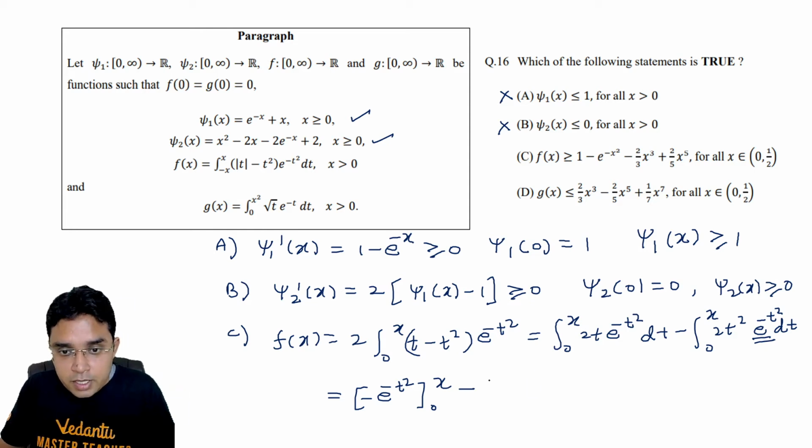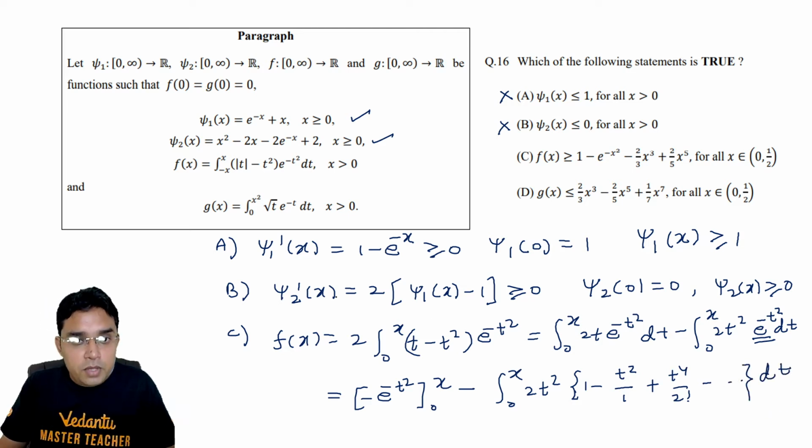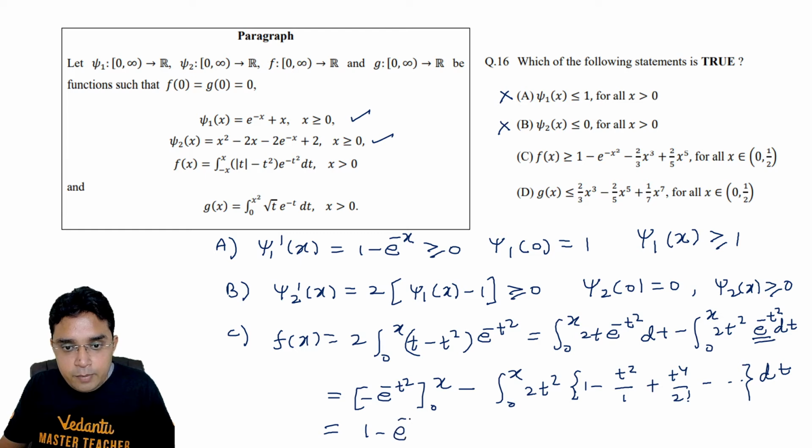Now to do this, we can write this as integral of 0 to x of 2t square into (1 minus t square upon 1 factorial plus t power 4 upon 2 factorial and so on). Now here if you see what they have given, I think for the first term, if I put the 0 to x limit here, 1 minus e power minus x square we are getting directly.